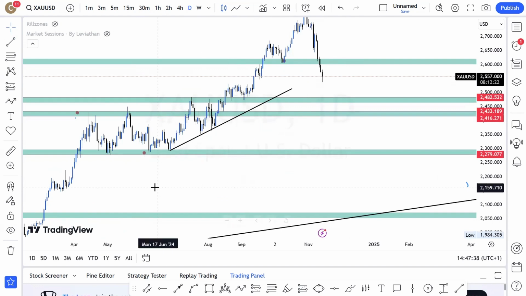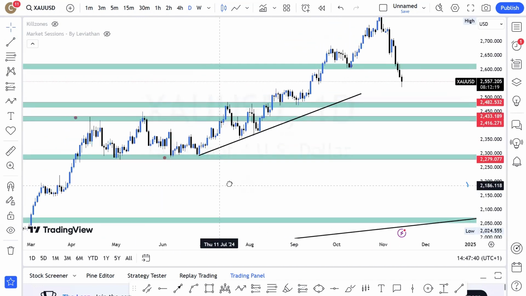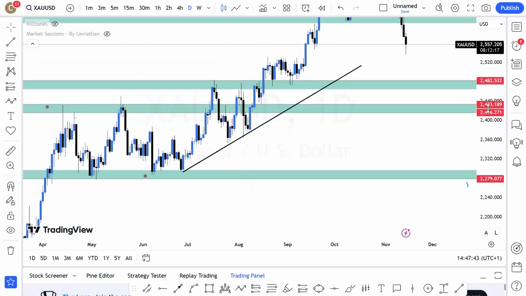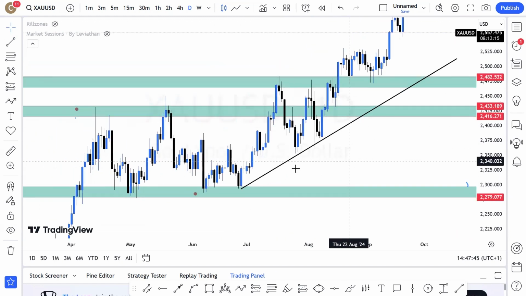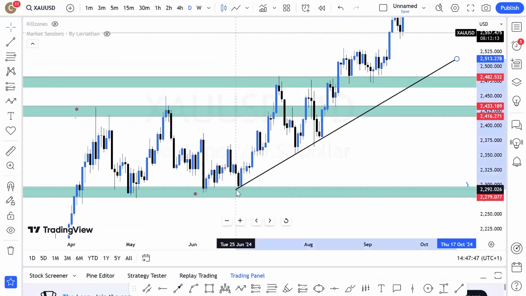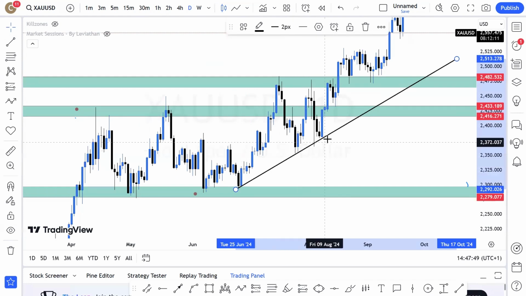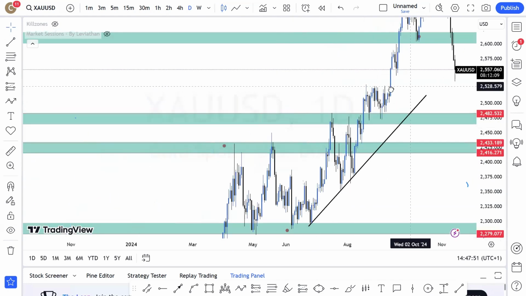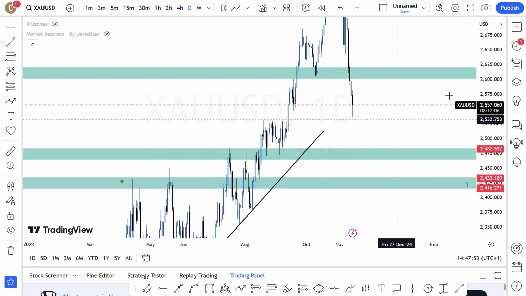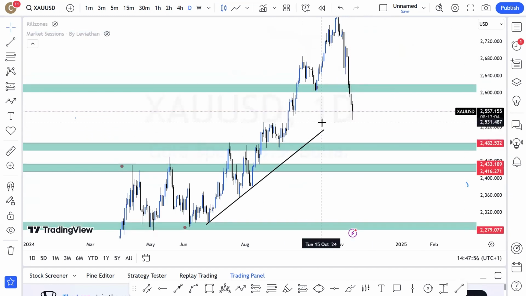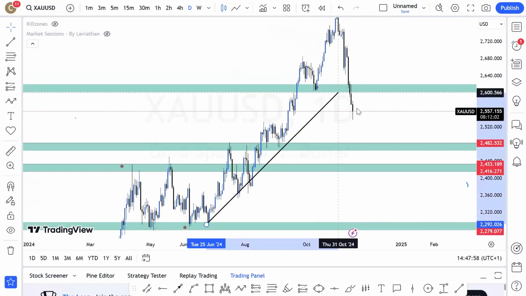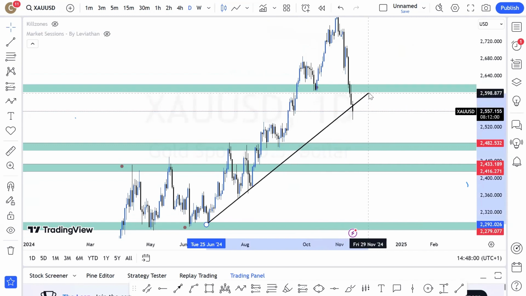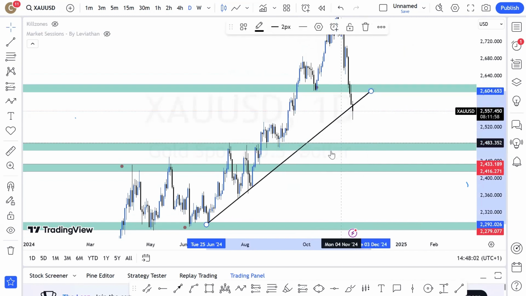So any two lows, you can actually connect with a dynamic line to form a trend line. All right. So we had this low, and of course, this third one. So we connect this and project it into the future. You now see that right now, I think gold is testing a very key level in the market.